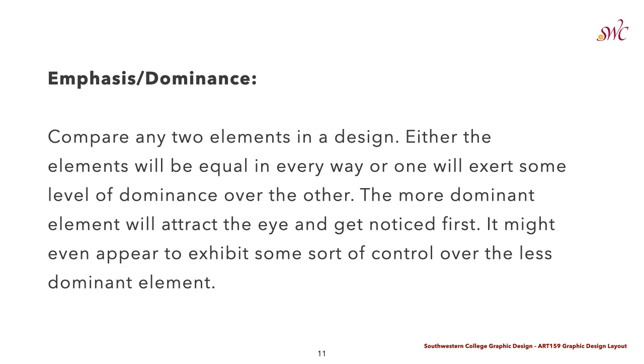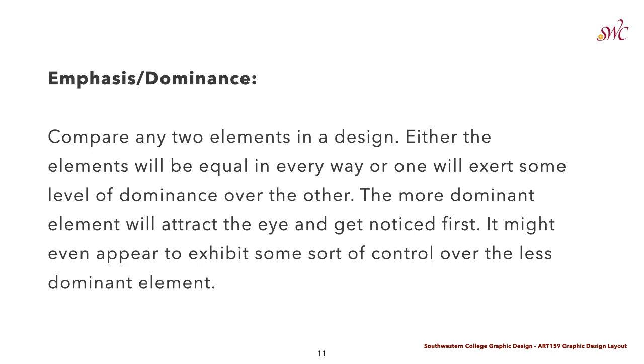So this depends on some sort of emphasis or dominance within the layout. When we're talking about emphasis or dominance, typically we're comparing at least 2 or more elements within a design. Elements can either be equal in every way, or one is going to exert some level of dominance over the other. The more dominant the element, the more it's going to attract the viewer and get noticed first.